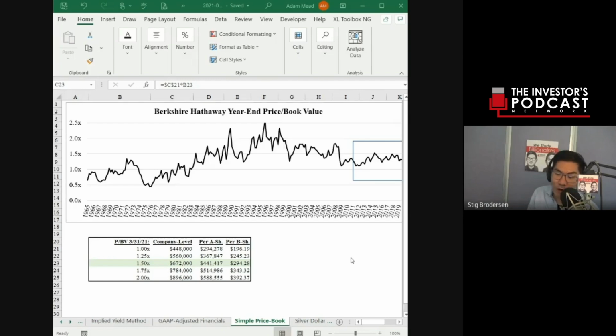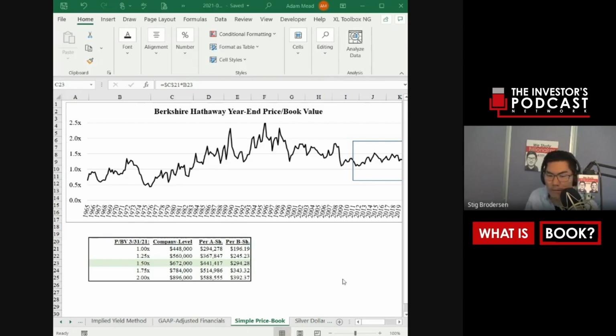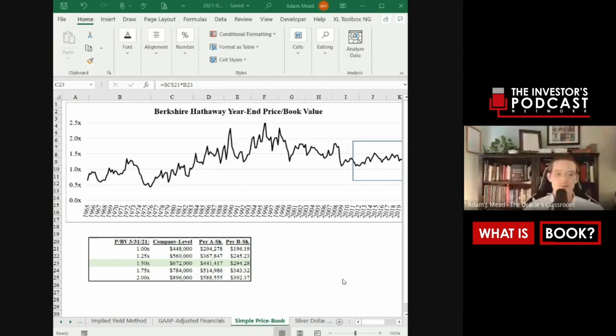What is it that we are measuring whenever we are saying price? Well, we know what price is. What is book here? Berkshire's book value is simply the net equity per the financial statements. In this case, Berkshire at the end of the first quarter 2021 had about 448, call it 450 billion of equity capital.